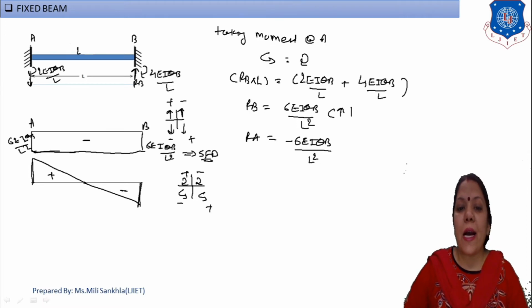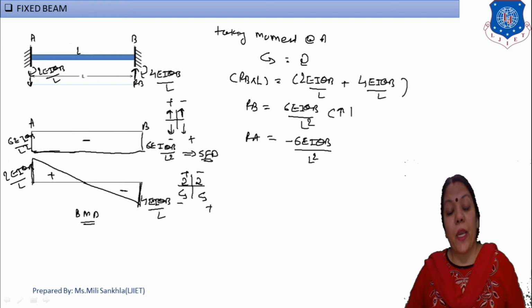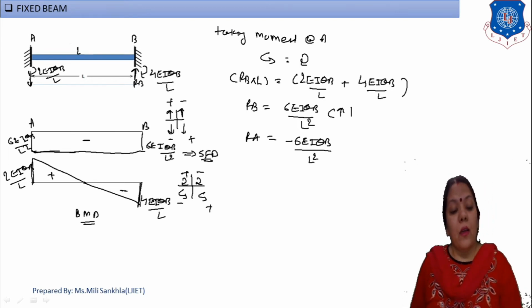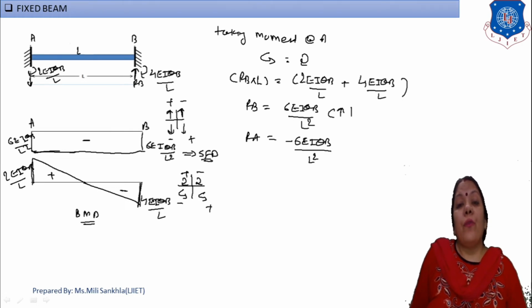The value at A is 2EI theta B by L, and the value at B is 4EI theta B by L, and this is the bending moment diagram. Here we complete our derivation of fixed beam subject to rotation.